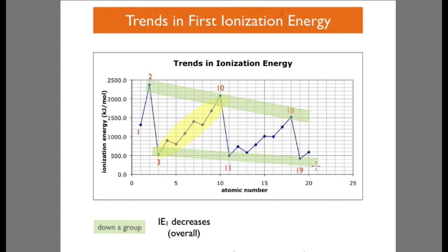As we go along a period, the ionization energy does increase. It increases across a row or across a period. And again, that's overall. You can see there's stuff going on here. But the general trend is an increase.